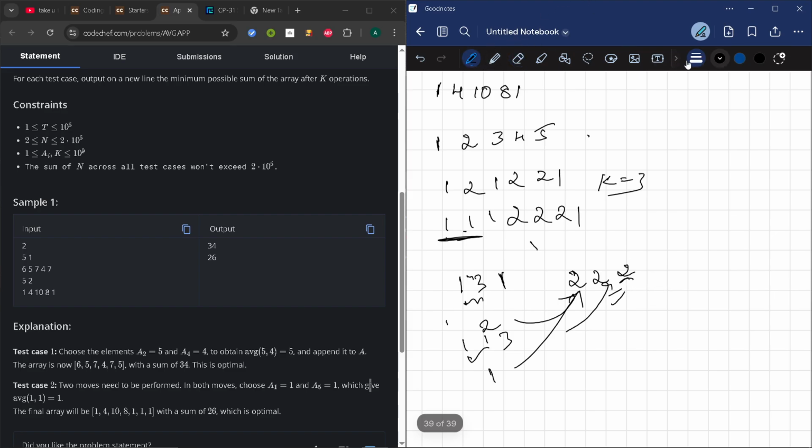I have to look for some good solution here. 2 2 3 4.